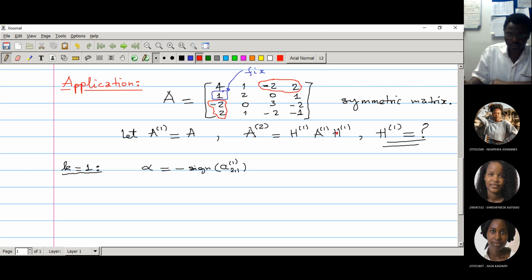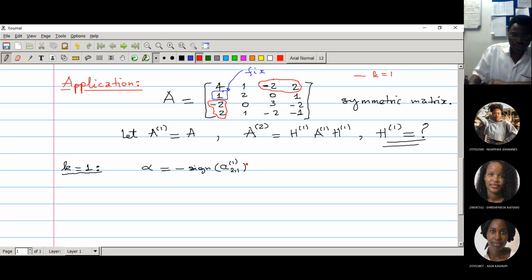For K equal to 1, we construct this. So it will zero these elements when K is equal to 1. These are the elements that will be 0. So that's for K equal to 1. I will leave that in red.